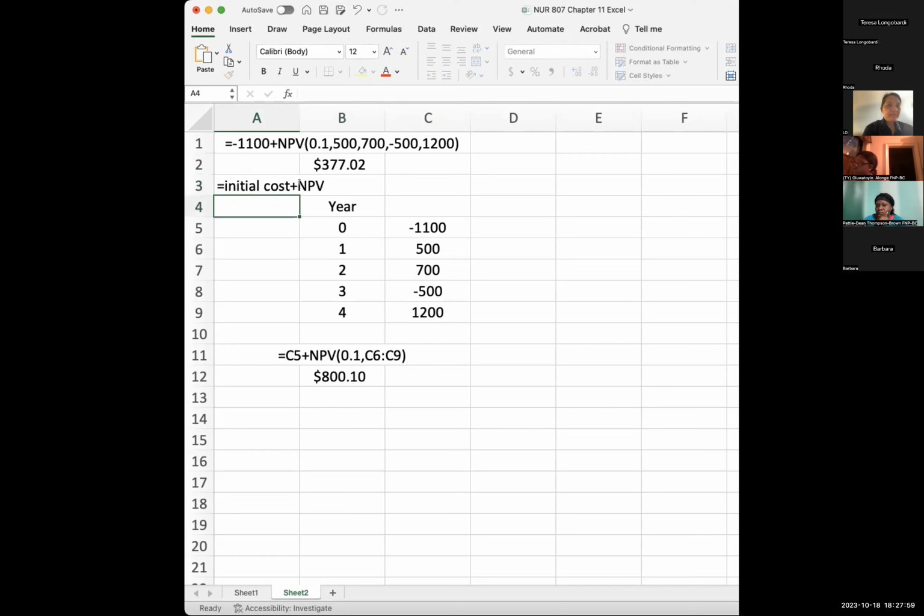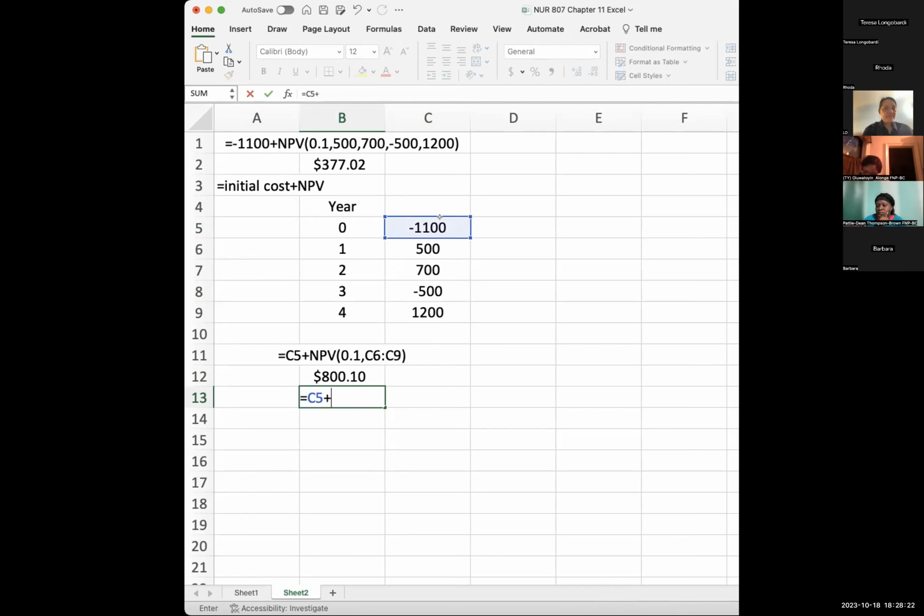Now, the other way to do this, if people like this, you can make a little table. You can write a table like this and then make the formula. I'll show you in real time. So I say equals, then I touch here, that's the initial investment.